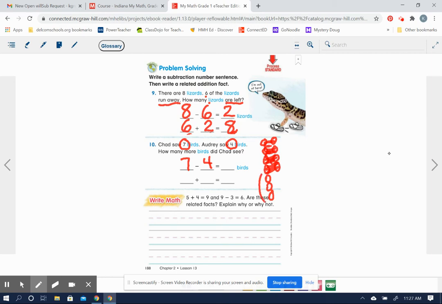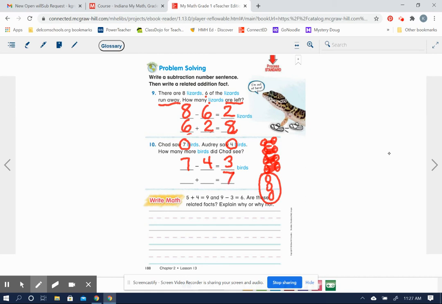But here is the difference. And remember, the difference is the answer to a subtraction problem, which is what we're supposed to find. And what number is that? It's 3, isn't it?